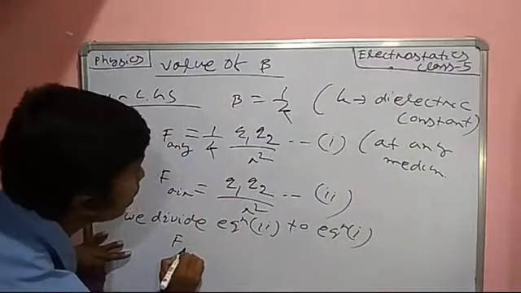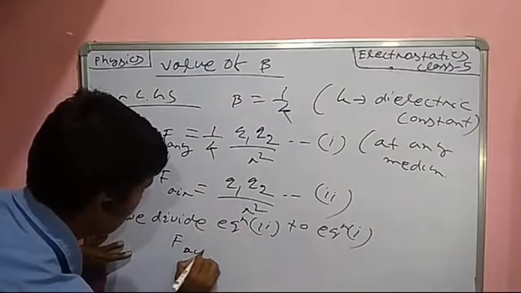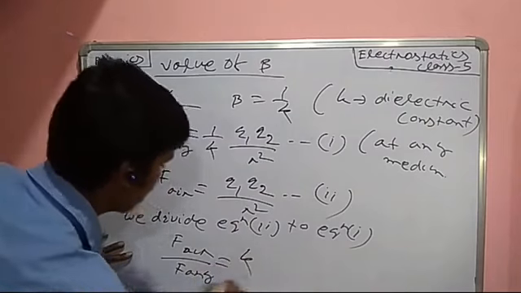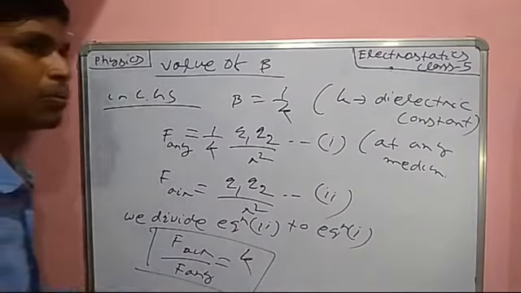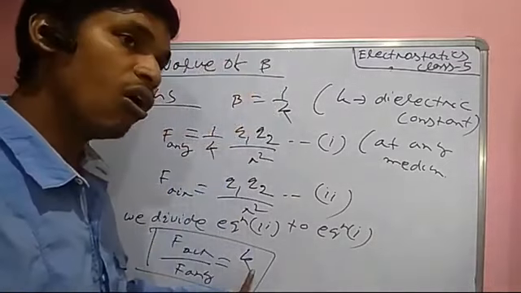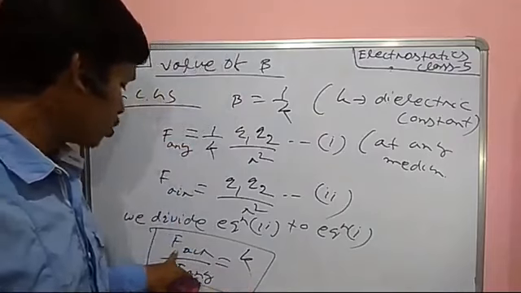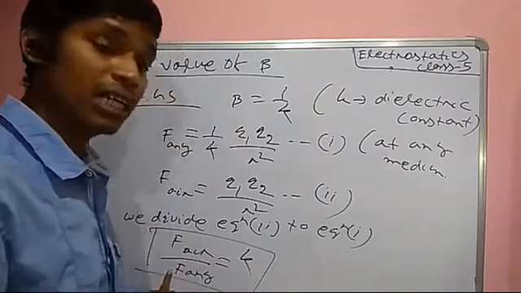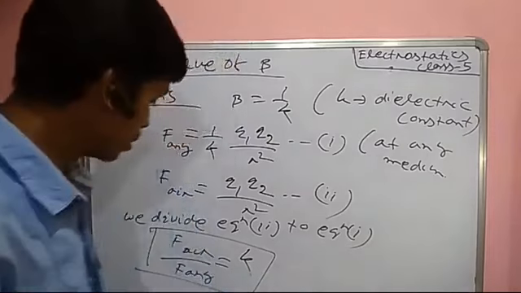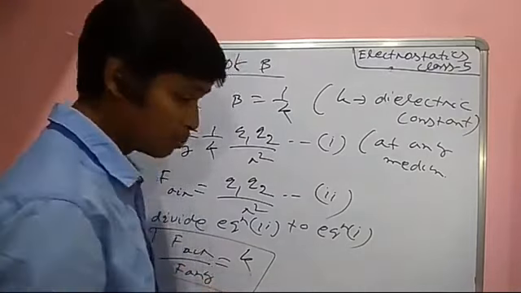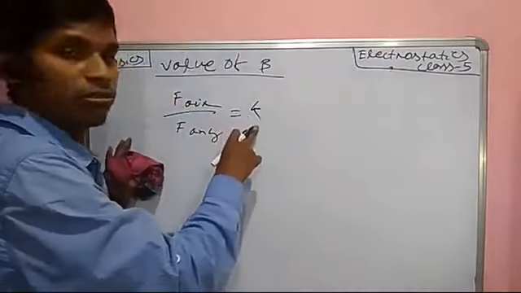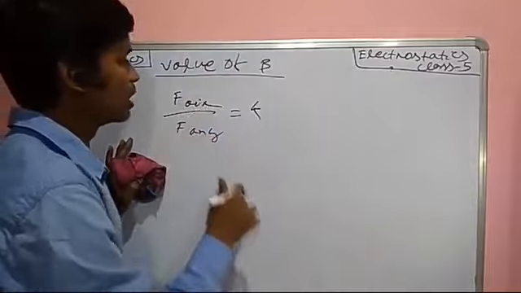F air by F any is equal to K. So the dielectric constant may be defined as the ratio between the force in air medium and the force in any medium. Yes or no? We know K is equal to F air by F any.